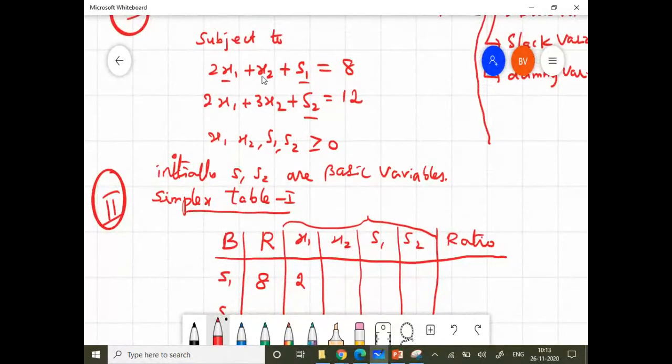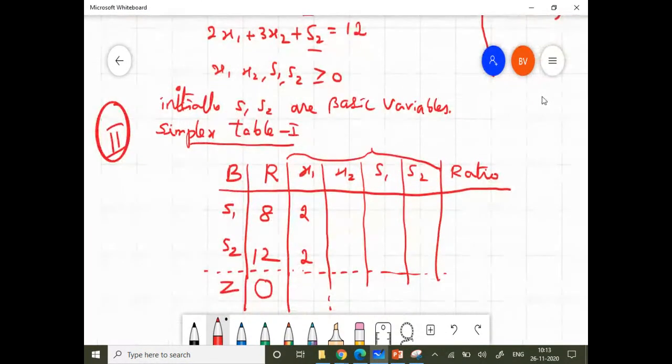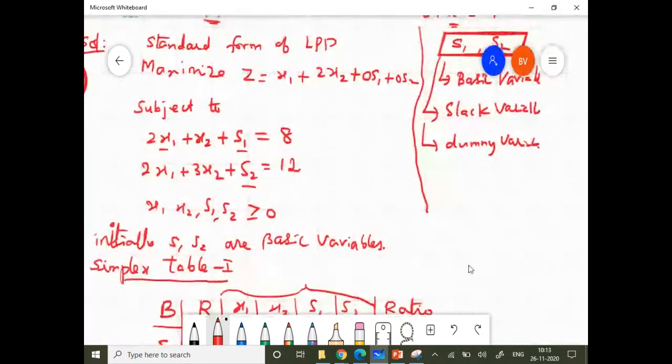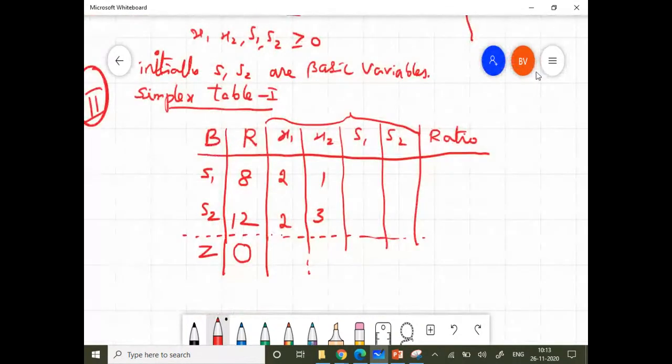Come to the x2 column. What are the elements in the x2 column? 1 and 3. S1 appears only in the first equality. There is no S1 in the second row. So this is 1 and this is 0.